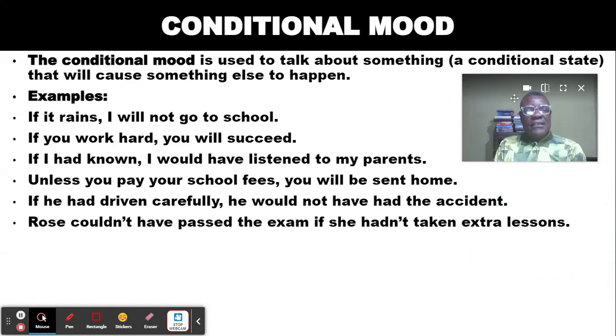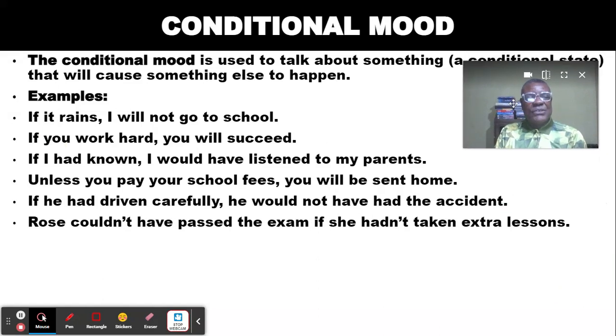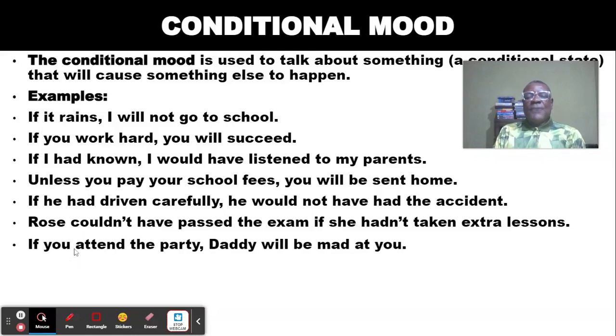So you see, there's always a condition and there's always a result or a consequence. If the condition is fulfilled, then the result will also happen. If you attend the party, Dad will be mad at you. You see, so that's the conditional mood. It states a condition for something else to happen.